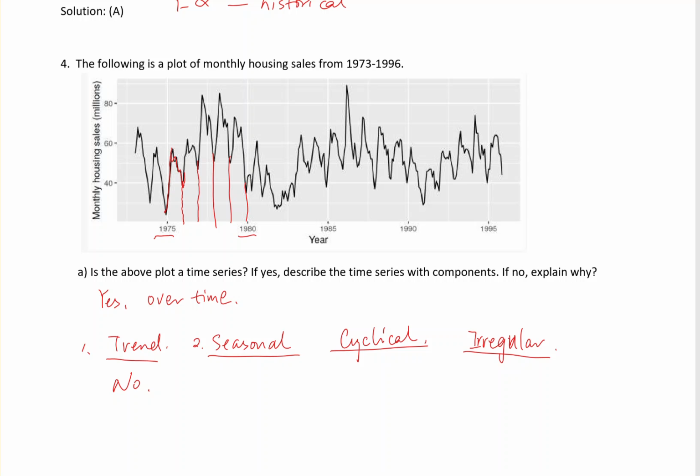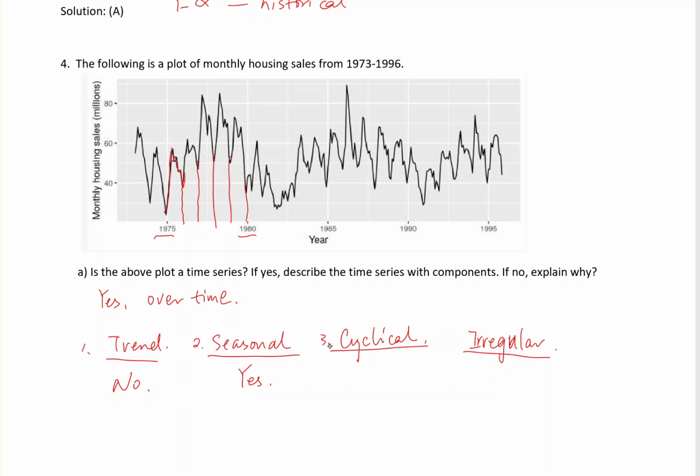So yes, there is a seasonal component, because from 1975 to 1980 it contains a similar pattern for each year. So we say it contains the seasonal component.